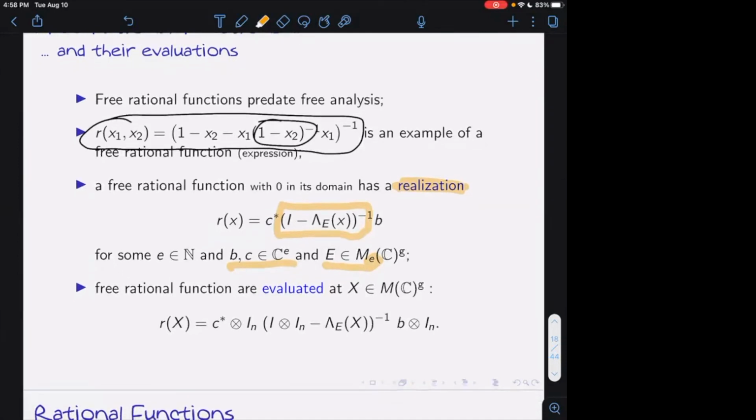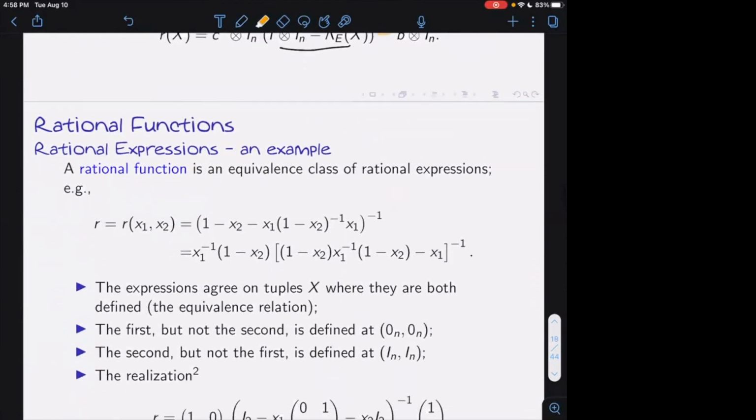And for this talk, you could really think of that as what's meant by a free polynomial, or excuse me, a free rational function. And then you can evaluate that thing in the obvious way. You just plug in X, and of course it makes sense as long as this inverse actually exists. So as long as that inverse exists, this rational function is defined. That's the canonical domain of this rational function.